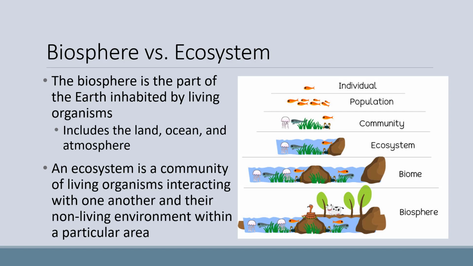If we just want to focus on living organisms, which is how we've used the term biosphere when talking about the 4 spheres of the Earth system, using the terminology on the right, then we would have to look at a community. But organisms don't really exist in a void. They interact with their environment constantly, and so ecosystem, biome, or biosphere make more sense to study. And in terms of the 4 systems, all the 4 systems on Earth are intricately linked and interact with one another. They don't exist by themselves.